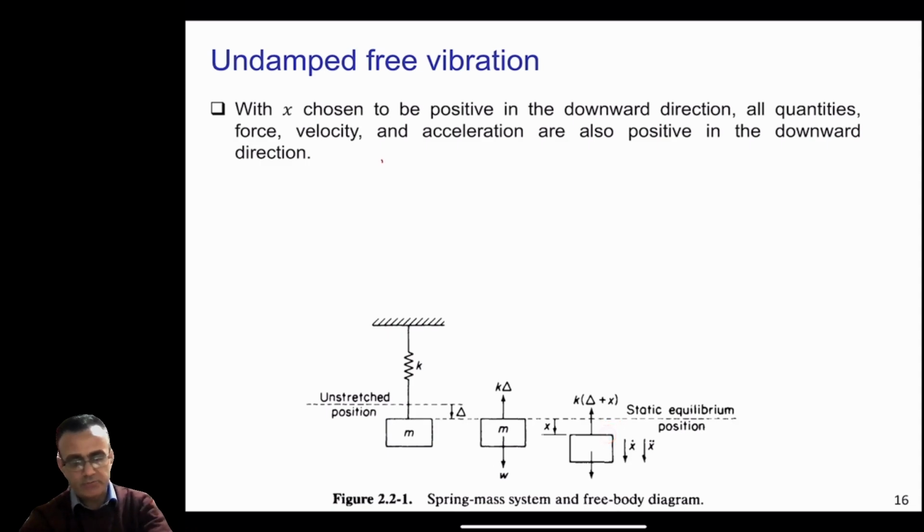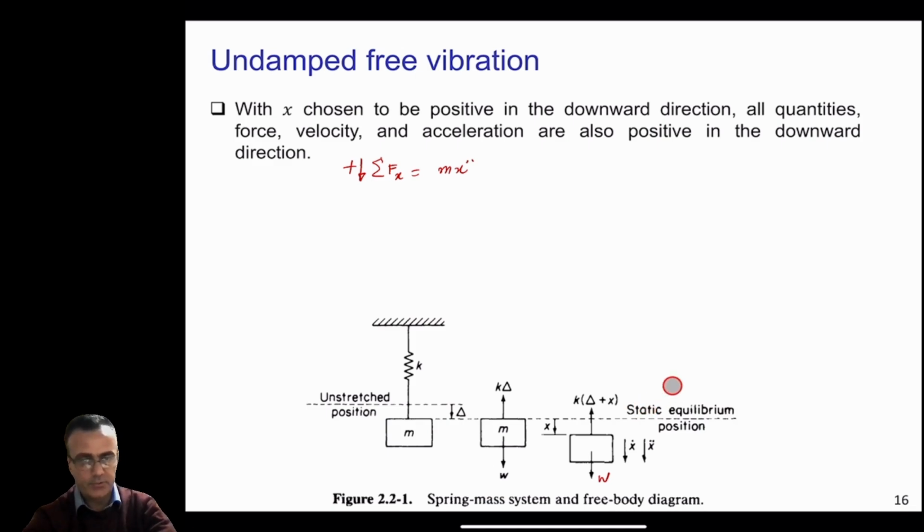Again, we say that the summation of all the forces in the x direction equals mx double dot, and here we are assuming this is our positive direction. As you can see on this system, we have the weight here and the spring force here.